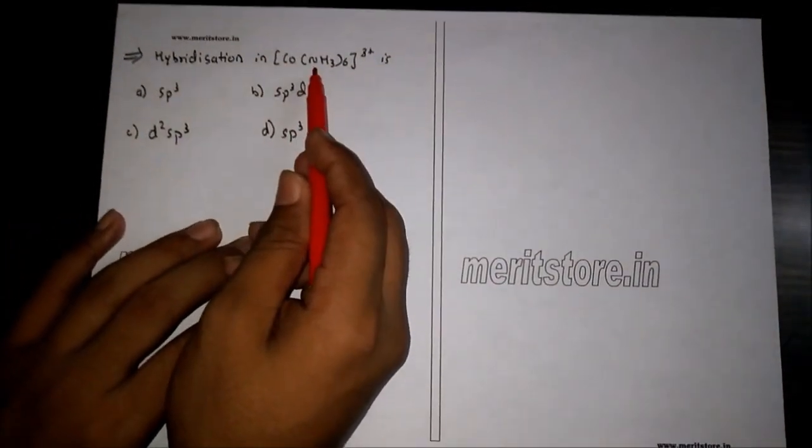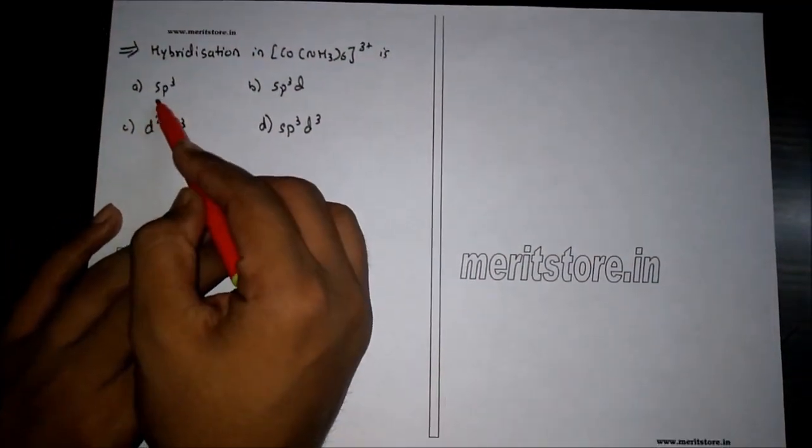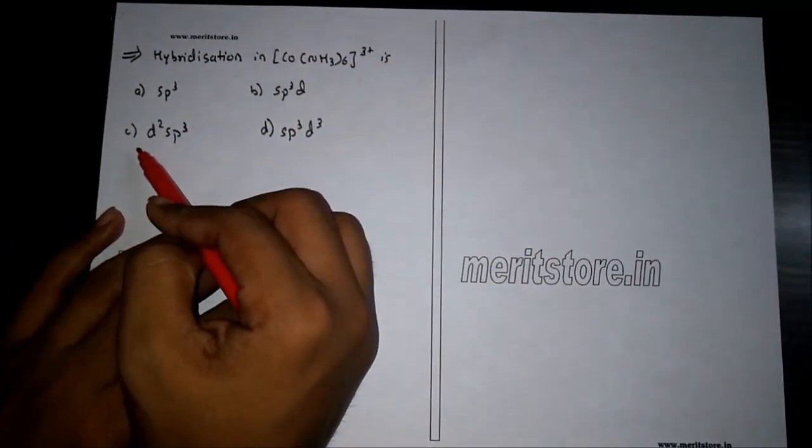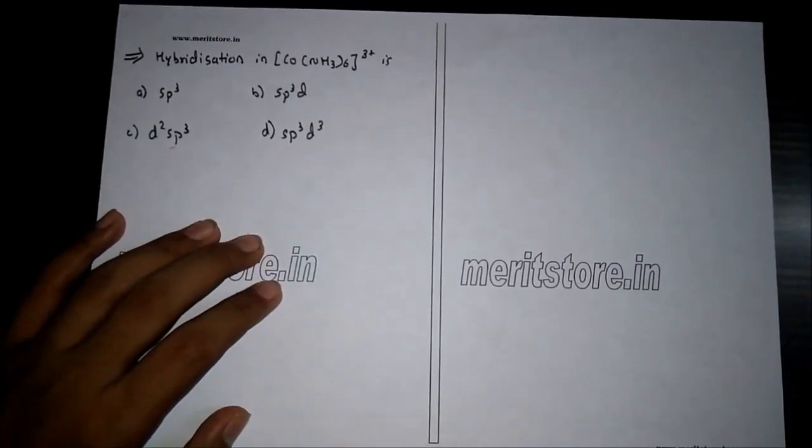Hybridization in [Co(NH3)6]3+ is A) sp3, B) sp3d, C) d2sp3, or D) sp3d3.